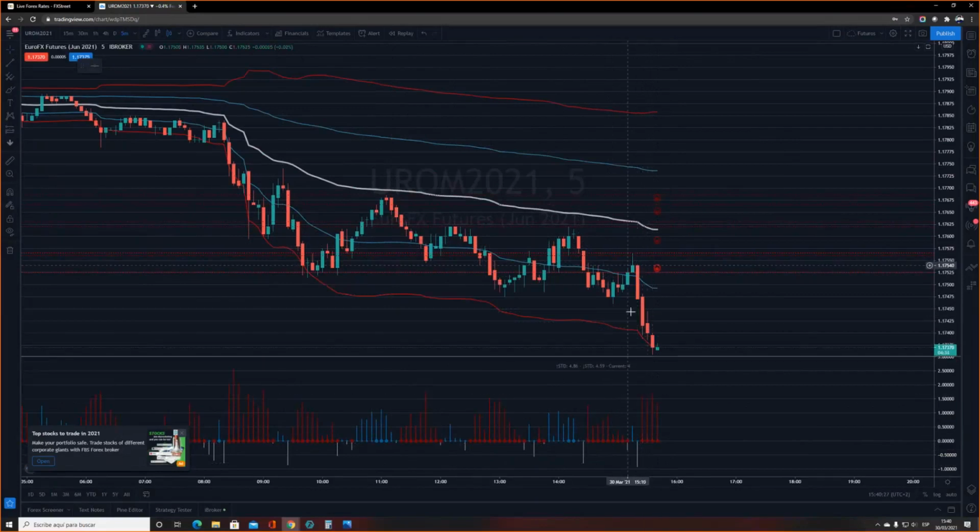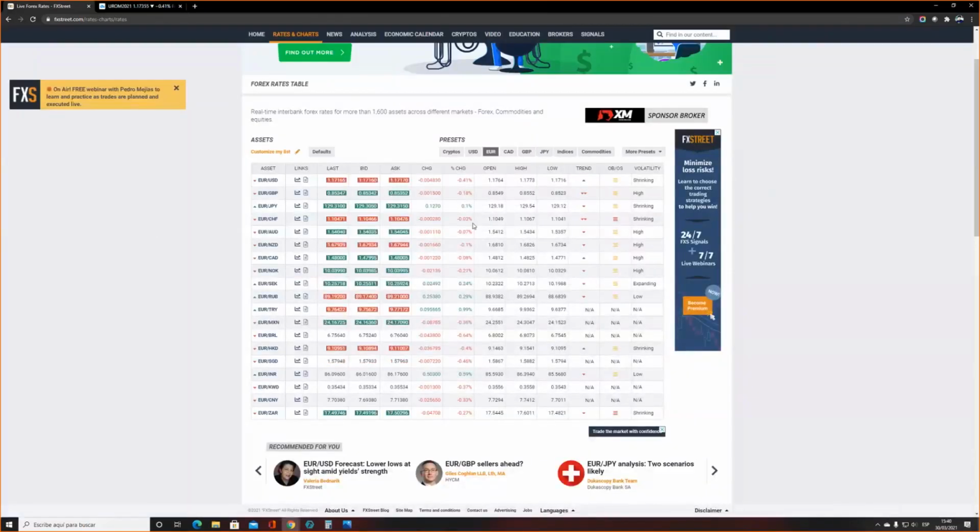In this case, as we are trading very short term, it's not that important. I will take more into consideration that the price is below the volume average, and also the rates, where I can see that it is negative across most of the other currencies. All right, that's a very strong indicator for me.